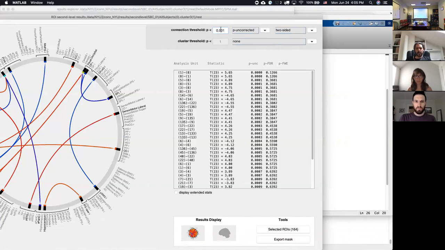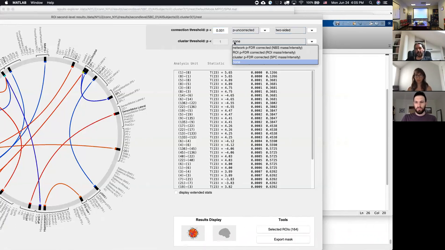And the way this works is basically similar to the voxel level. You specify a high threshold and a cluster level threshold. The high threshold is for every connection instead of for every voxel, and the cluster threshold is for any type of group of connections instead of group of voxels. And the only peculiarity is that you have different types of ways of grouping connections. In voxels, there is no such thing as grouping them.